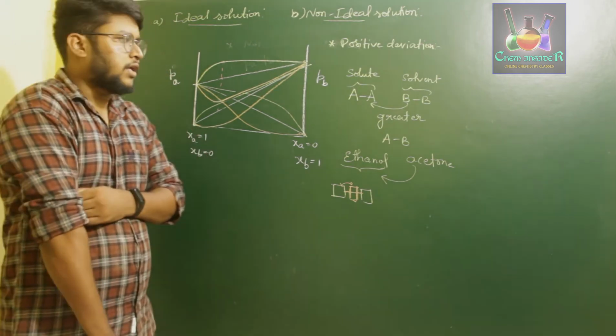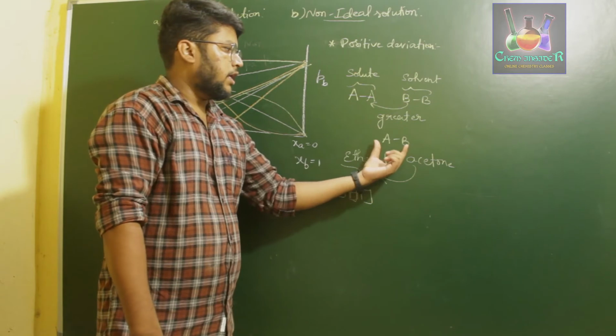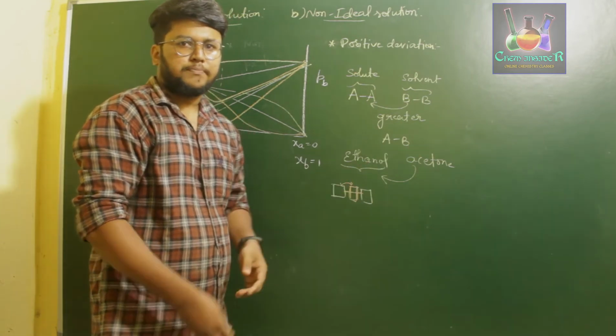So this happens when the interaction of AA and BB particles is greater than the interaction of AB particles.